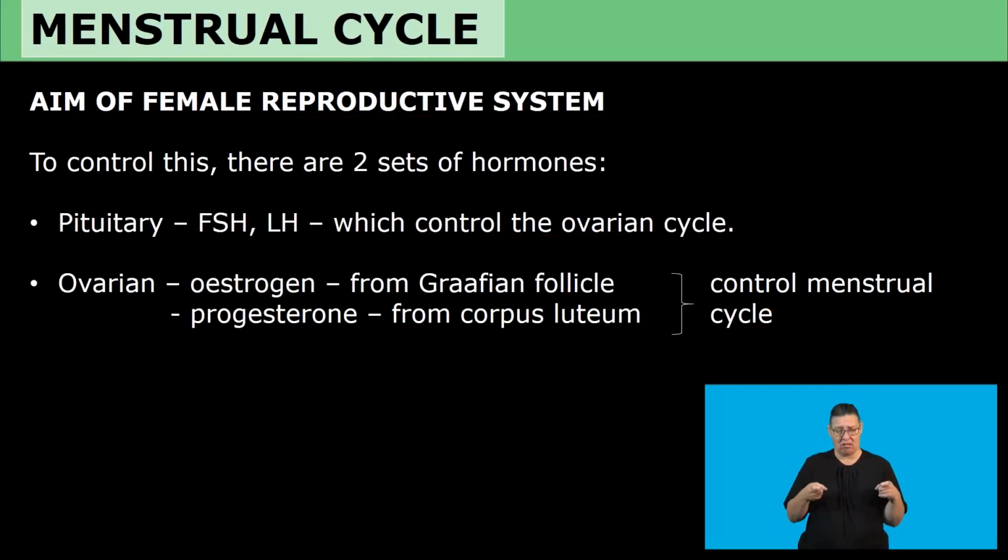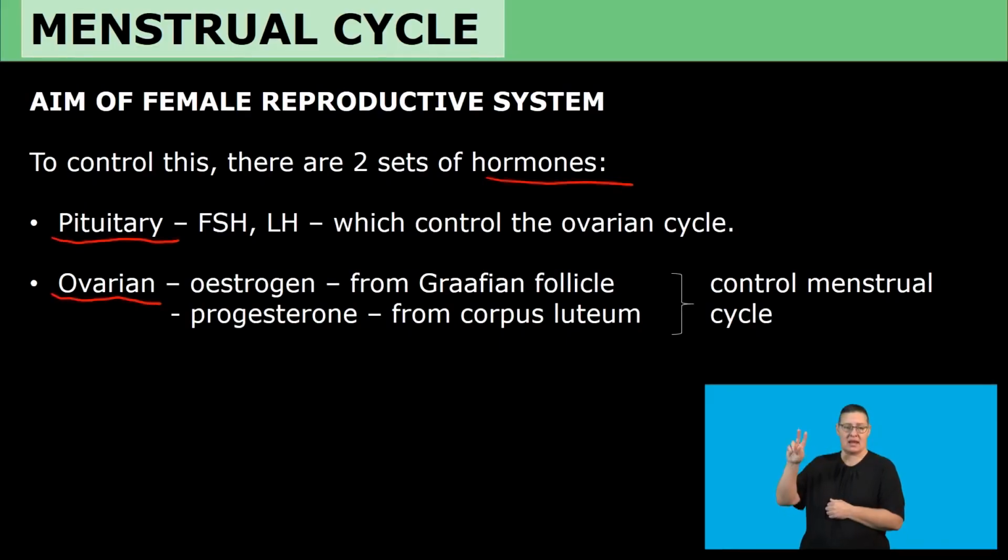To control this, there are two sets of hormones. One set is produced by the pituitary gland, and the other set is produced in the ovary. Therefore, we have got names of hormones that are produced by the pituitary gland, which is FSH and LH, and we've got hormones that are produced in the ovaries.